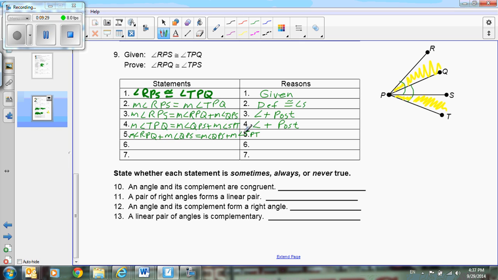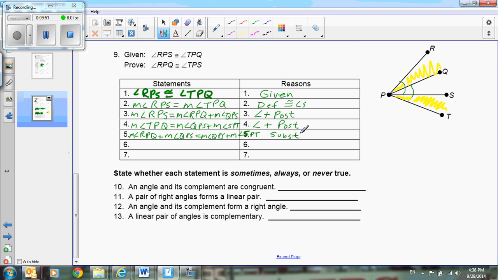There's an S right there on top of that 5. Okay, now what did I just do? I took step 2, I replaced the measure of RPS with what it is equal to, which is this sum. I replaced the measure of angle TPQ with what it is equal to, which is this sum, so I just used the substitution property of equality.